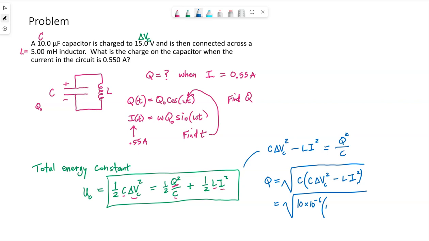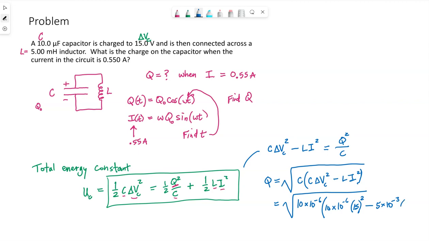And then I need capacitance again, times the potential, the voltage the capacitor was charged to, and I need to square that, minus L, the inductor value, 5 millihenries, so I do need 10 to the negative 3 for milli.